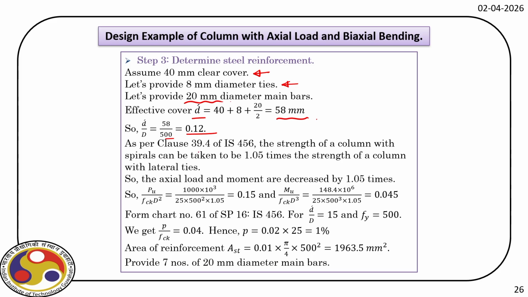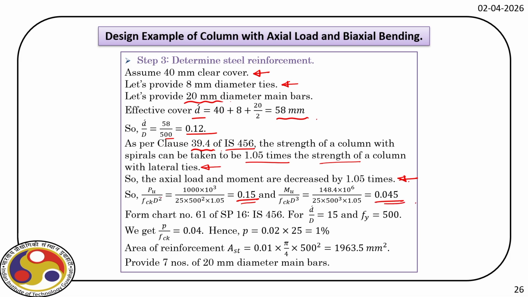Now as per clause 39.4 of IS 456, the strength of a column with spiral can be taken to be 1.05 times the strength of a column with lateral ties, right? So the axial load and moments are decreased by this factor. So we have Pu by fck D square, which is 0.15, and Mu by fck D cube, which is 0.045.